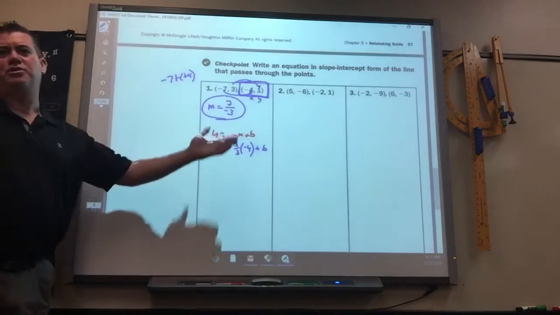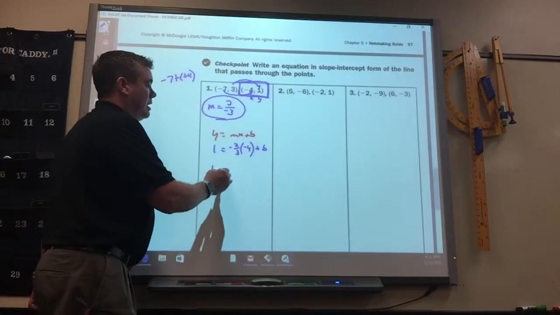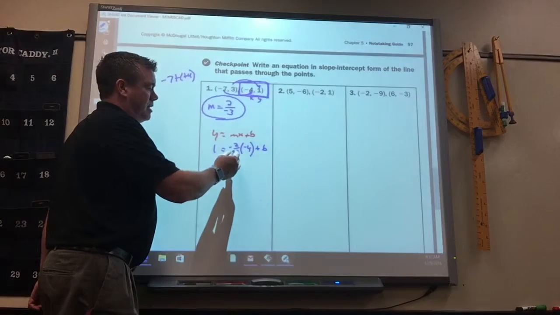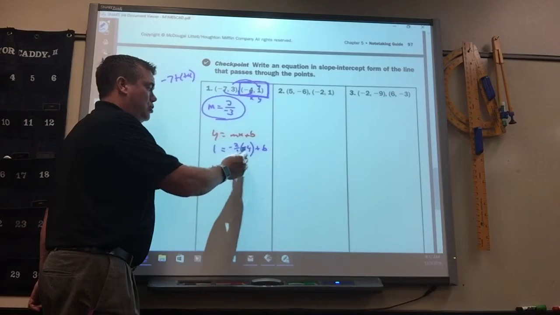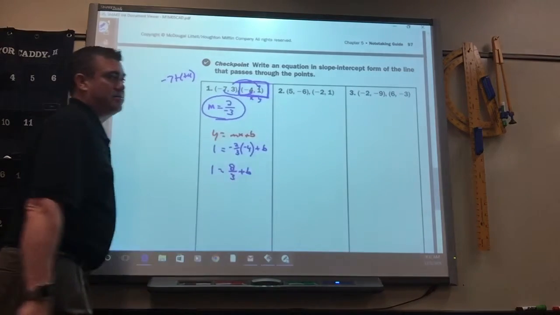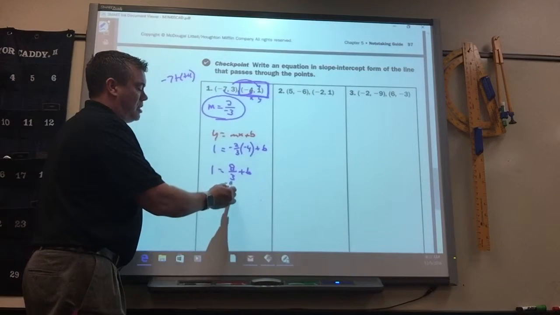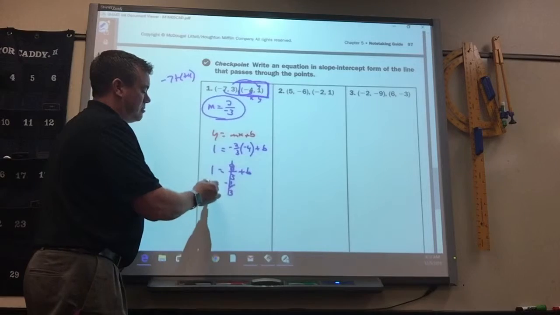So they always throw these thirds in because they're tougher to do on a calculator. Negative times negative is positive. 2 times 4 is 8/3 plus b. Okay? So to solve it, you got to subtract 8/3.